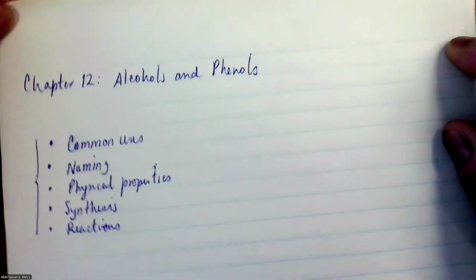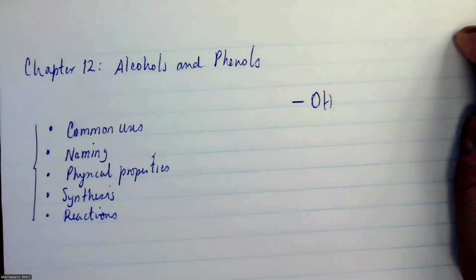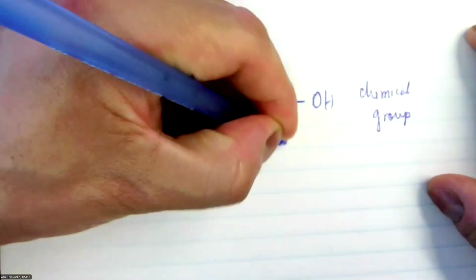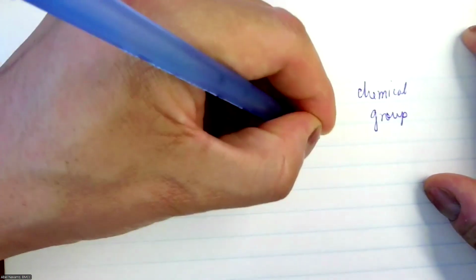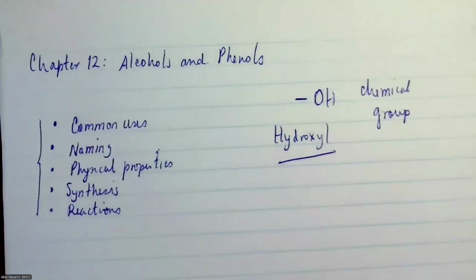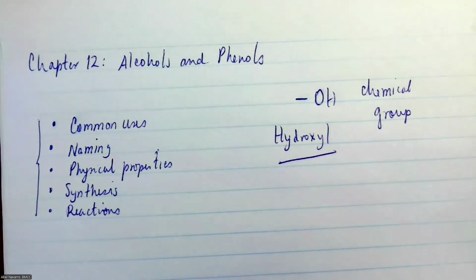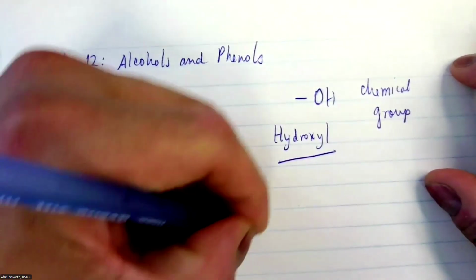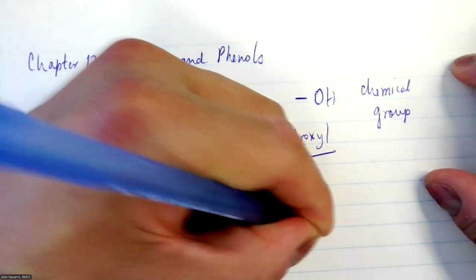As I was mentioning before, alcohols and phenols are in the domain of the hydroxyl group. The OH is the chemical group, which is called hydroxyl, but the functional group is called alcohol.